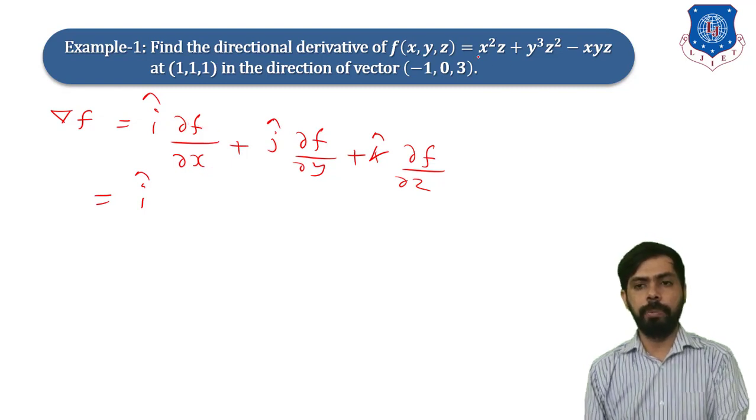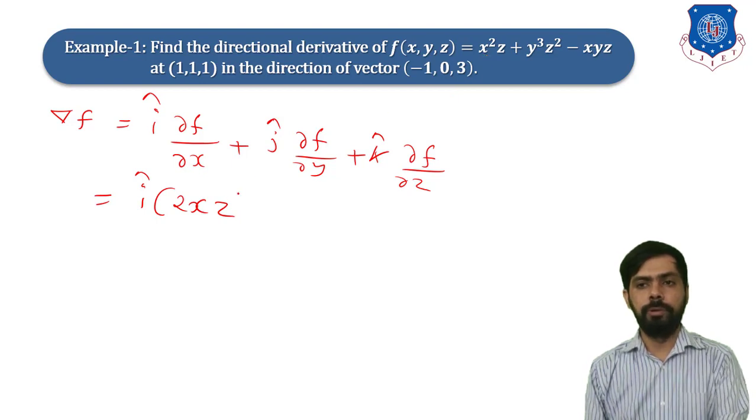So if we take the partial derivative with respect to x, it will be 2xz, because the derivative of x square with respect to x is 2x. Y and z are constant, therefore the derivative of the second term will be 0, and the third term is xyz, so its derivative will be yz, because the derivative of x with respect to x is 1.